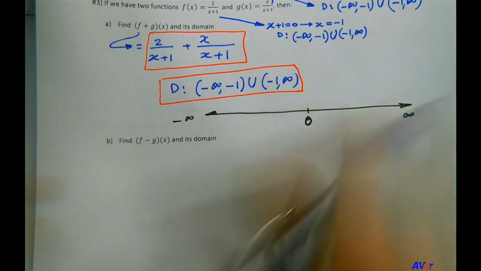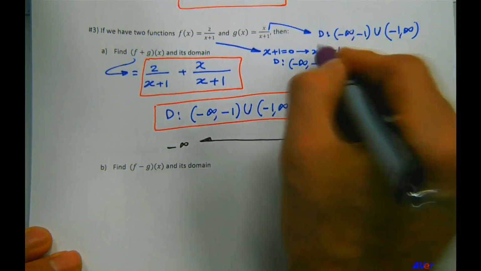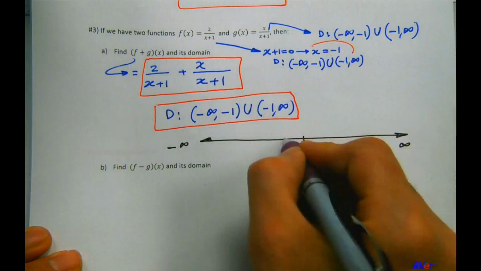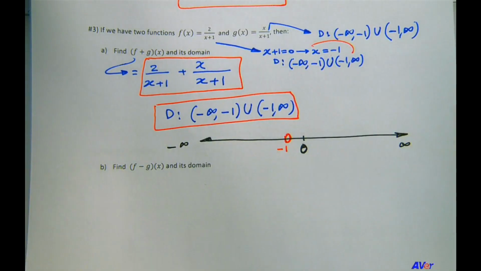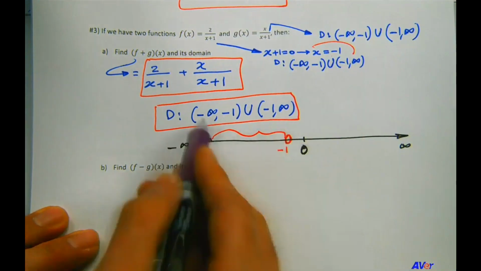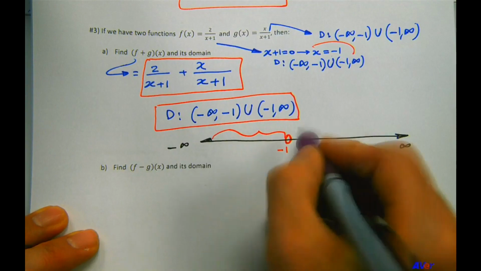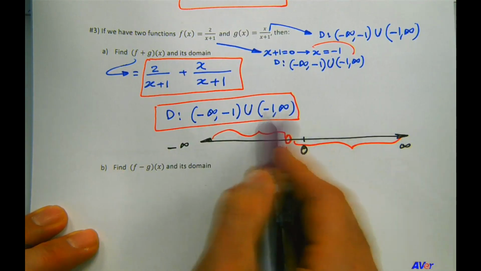So we decided that negative 1 would not be acceptable right there. So let me put a hollow circle. Then what is acceptable is this piece, which is that, and this piece, which is that.